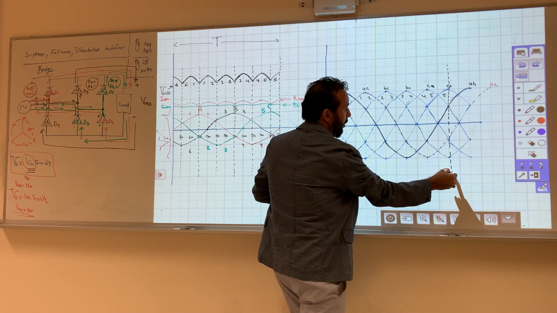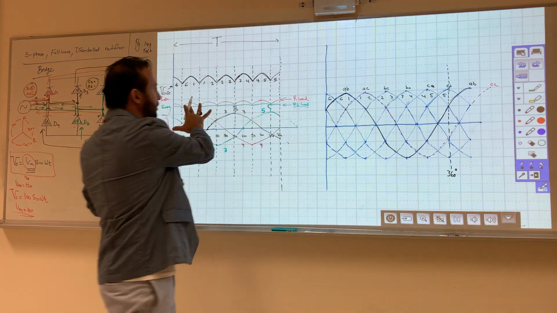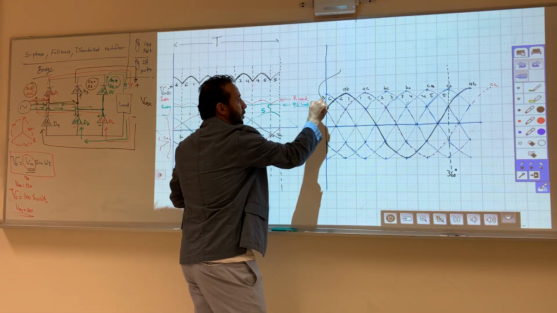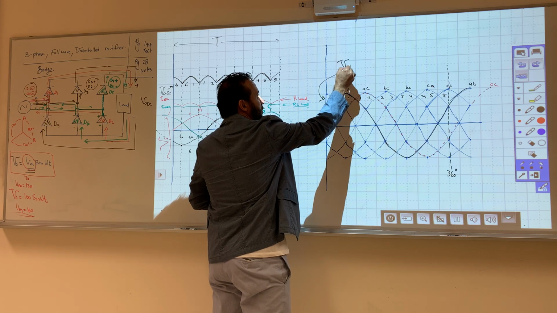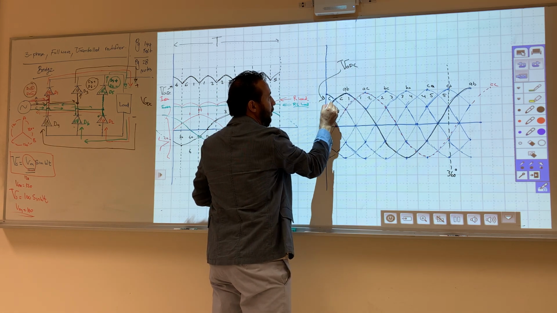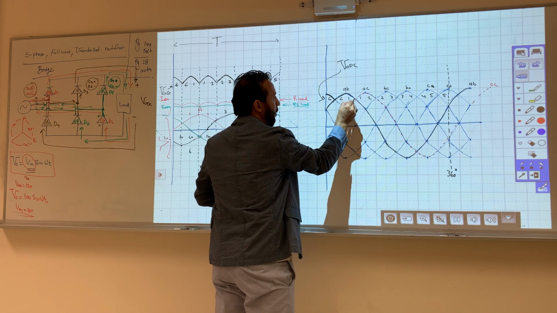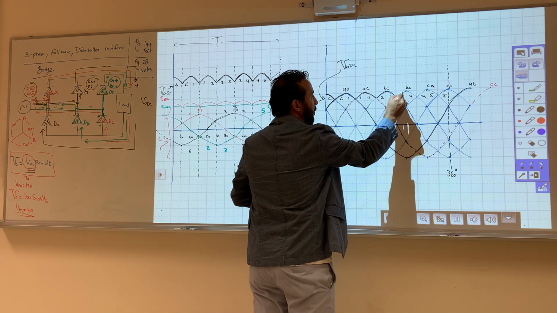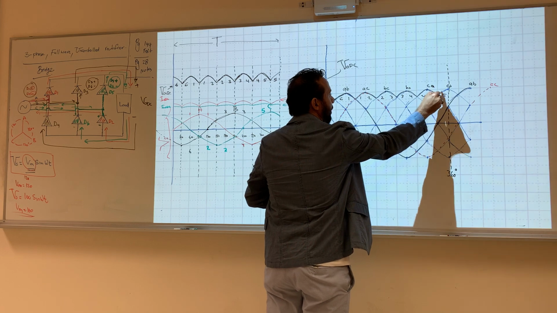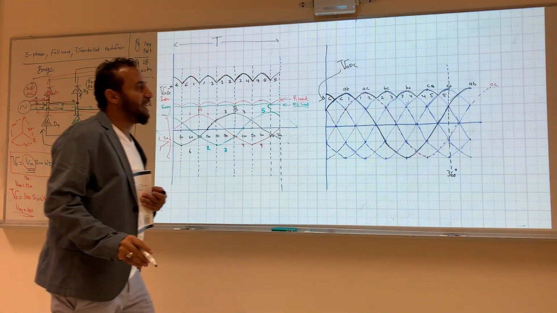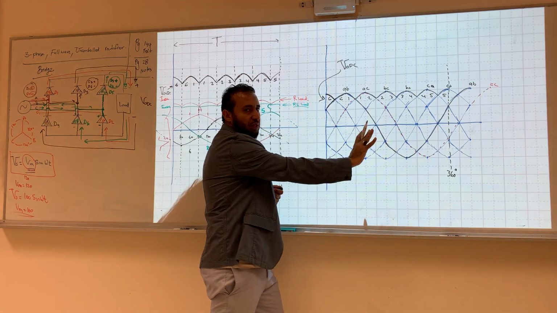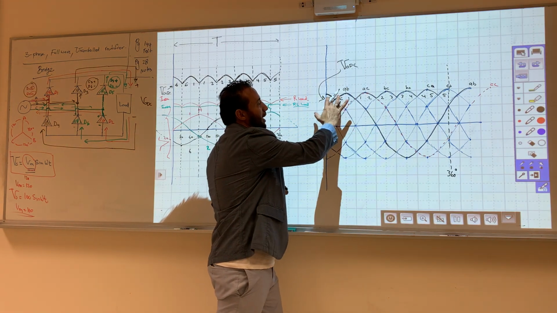360 degrees. Here I can say that this one now is V out DC, which is the highest points. If you want to draw the V out DC using the bridge, you need to highlight the highest points.